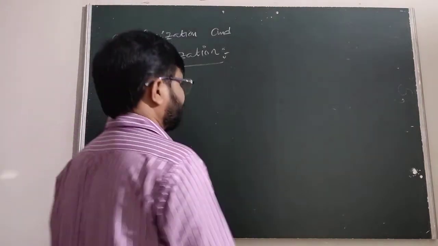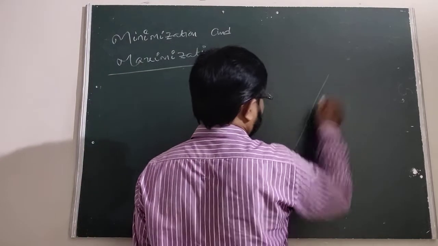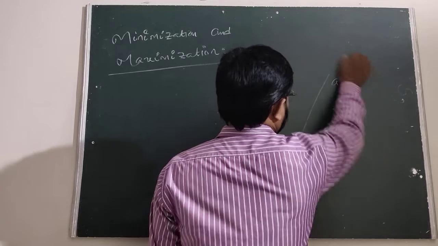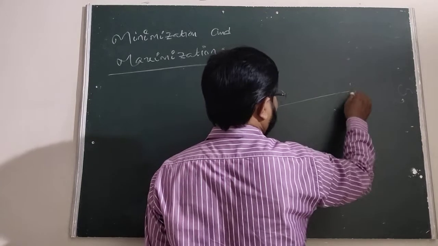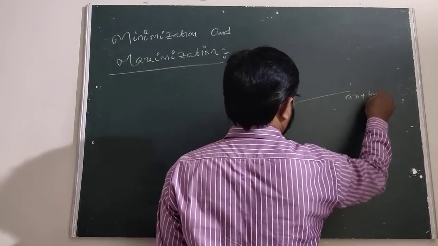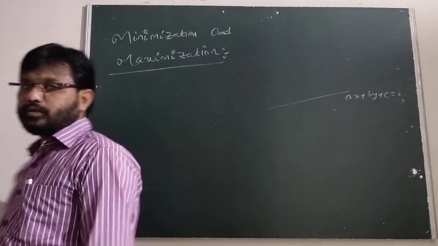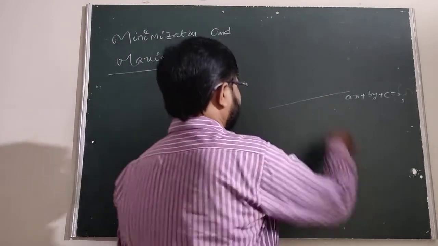Suppose some line is given, ax plus by plus c equal to 0. Suppose P is a point on the line.